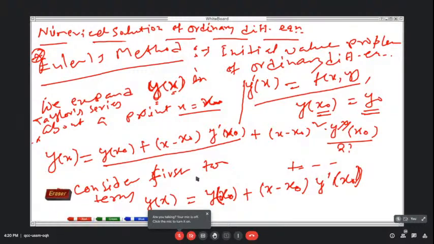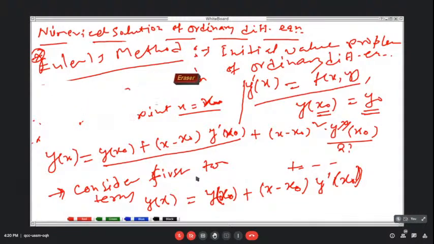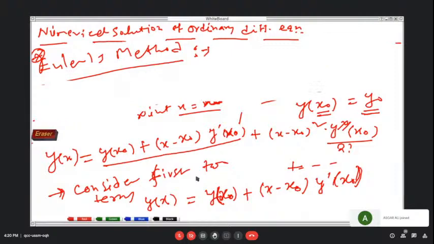Now if we remove this part, our problem will be like this.